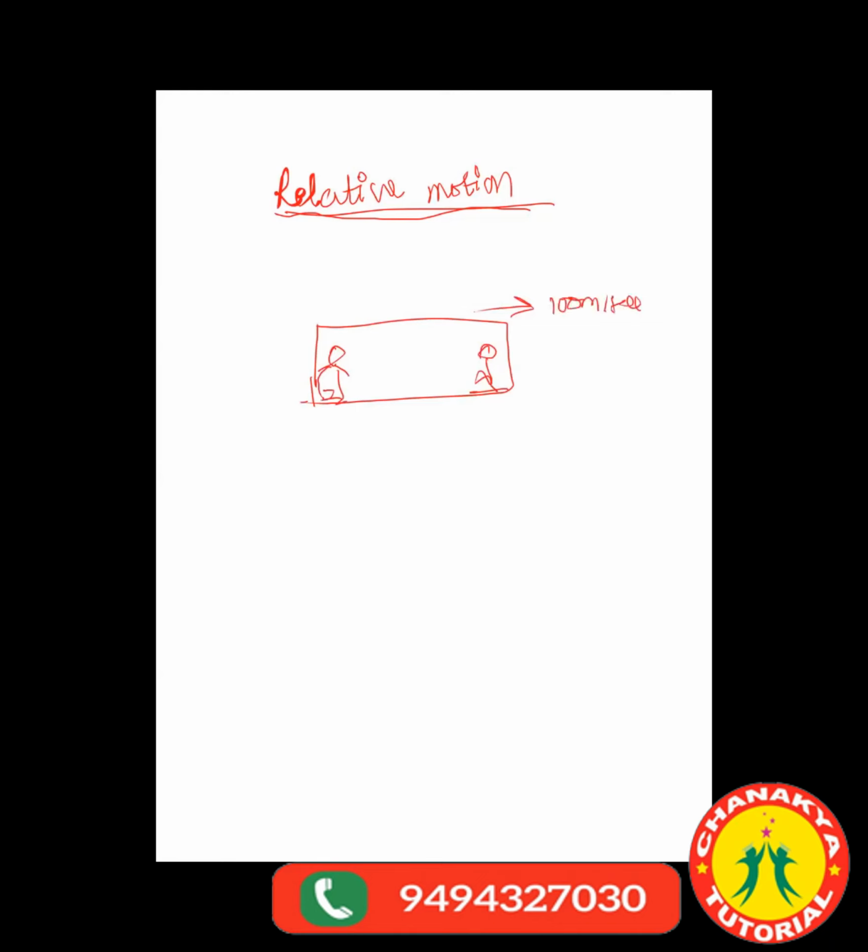Let's say Samhita, you are sitting on the platform and you are observing this. If I ask you, Samhita, with what velocity this train is moving, what will you tell? 100 meter per second. 100 meter per second, correct.